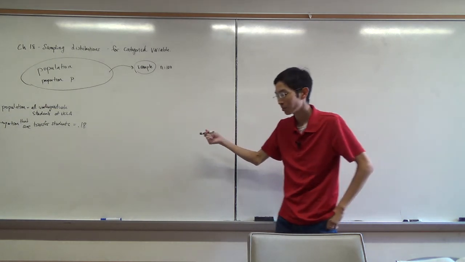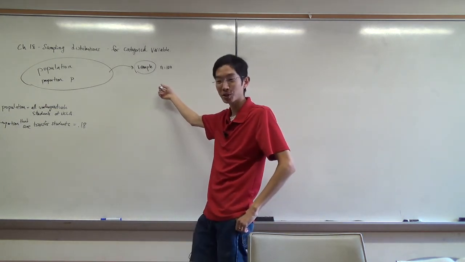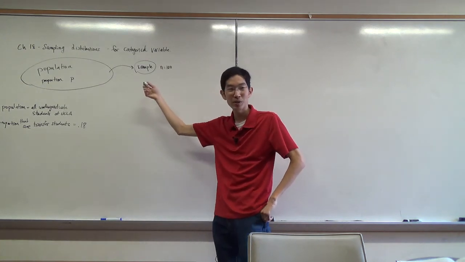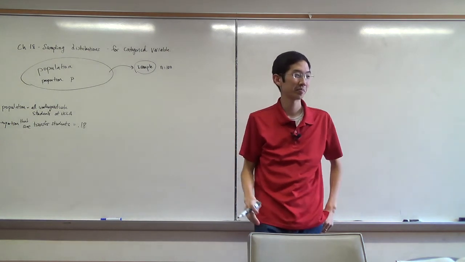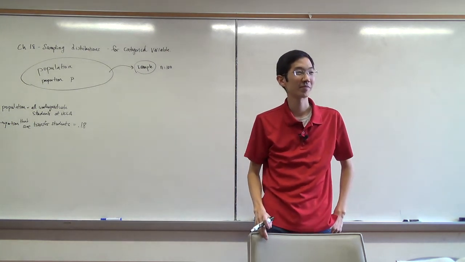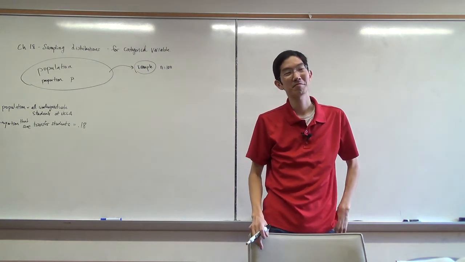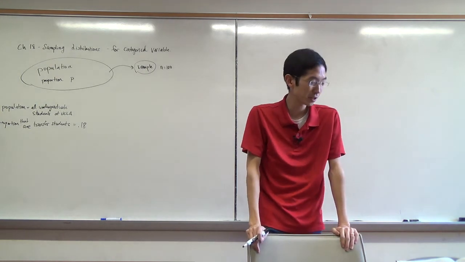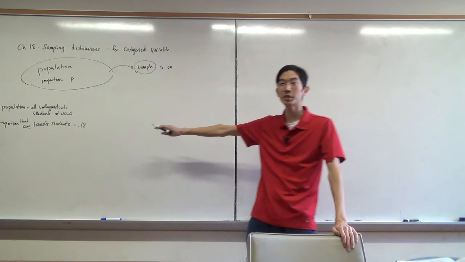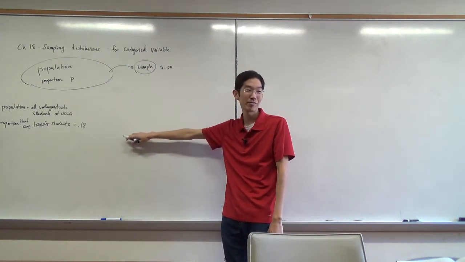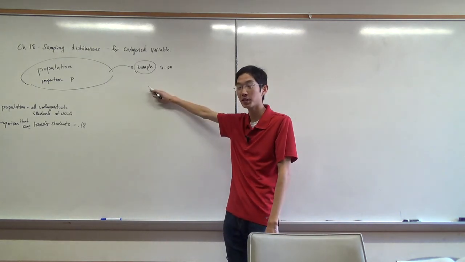Well, what is the proportion of transfer students that I'll see in my sample? If I take 100 students at random, I'm expecting to see something around 18% transfer students in my sample of 100.